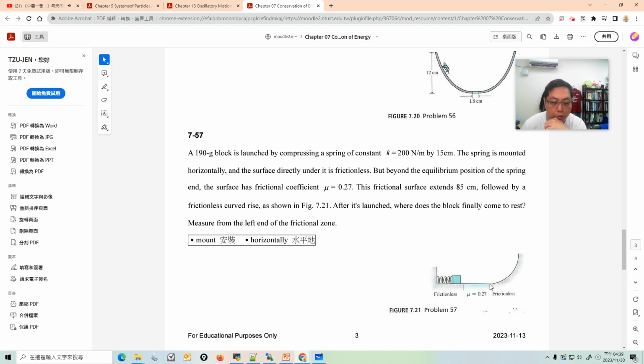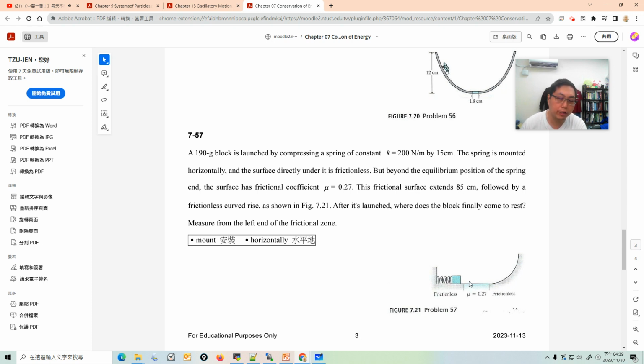So it will climb up the curve, and the gravitational force will slow down the object as it goes up. The velocity decreases to zero, and then gravity pulls the mass all the way back down, and it passes through the rough surface again.